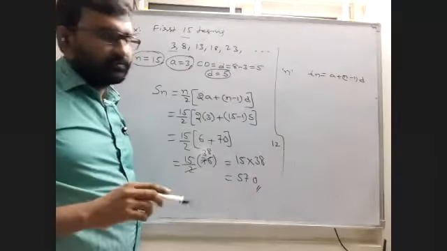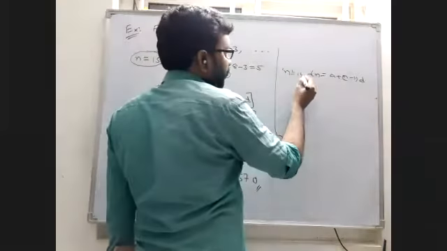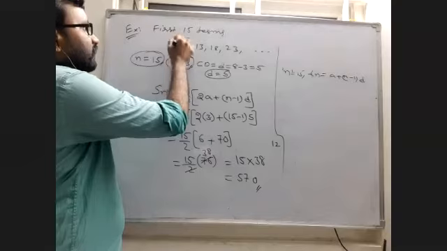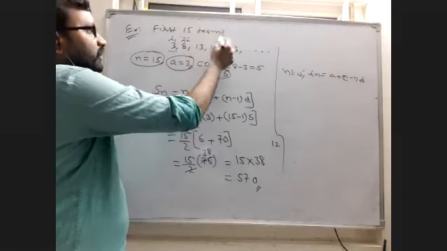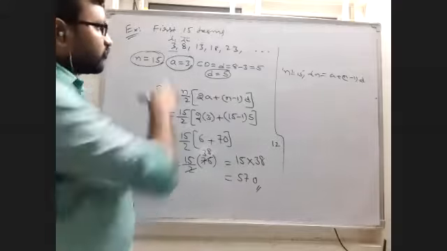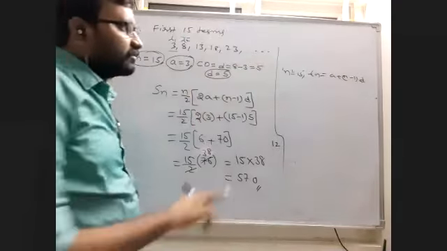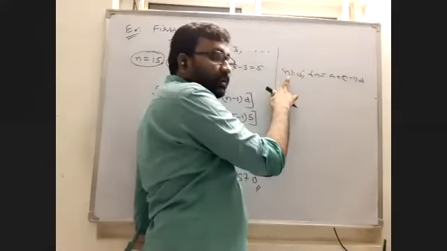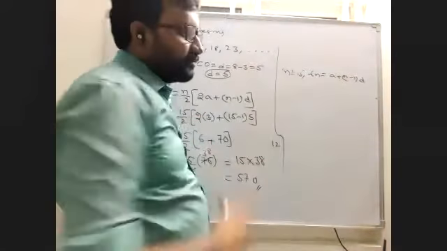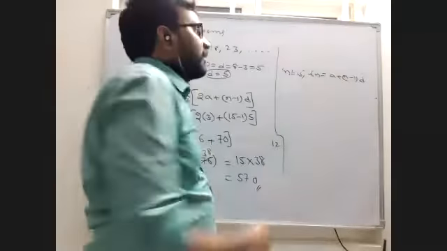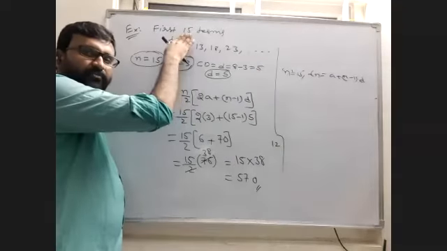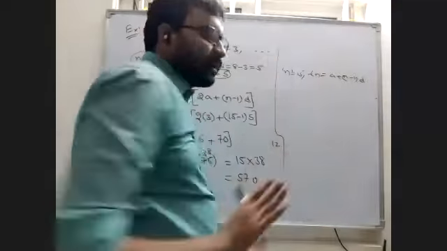Total terms 15, that means n equals 15, but the last term, this is the first term T1, this is the second term T2, T3, T4, T5, up to the last term Tn. Tn is not given, but total terms are given as 15. So if total terms are given, we can find the last term easily by using the formula. If the last term is given and the number of terms is not given, again the same formula. Understand?